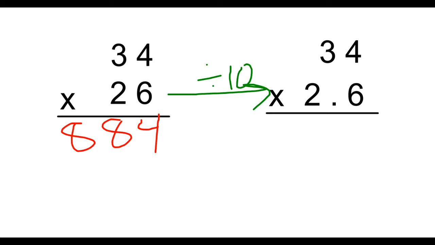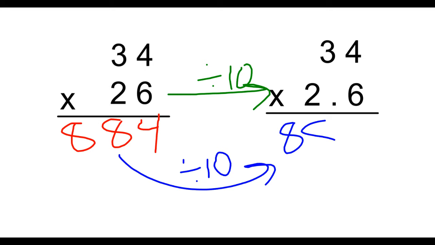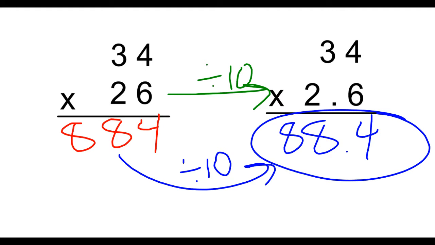So in that case, we just need to divide our product by 10, and we will end up with the product that we want for 34 times 2.6. Another way that we look at it is that because the difference between 26 and 2.6 is that we have one decimal place, which is divided by 10, we have to include one decimal place in the product in order to make that work.